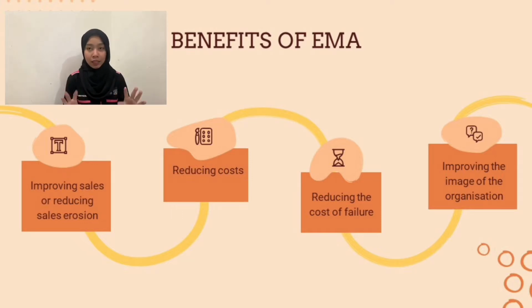This is because consumers are aware of the product and service environmental impact, and it will influence their preference in buying behavior. Next, it is said that reducing wasteful consumption of input resources has a direct positive impact on reducing costs. So improvement of the process can bear down on costs.